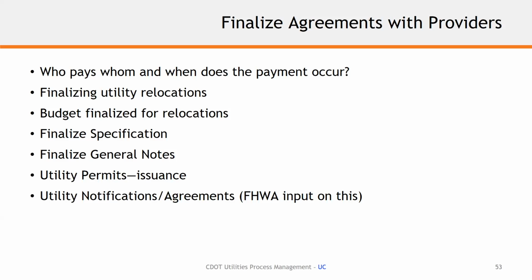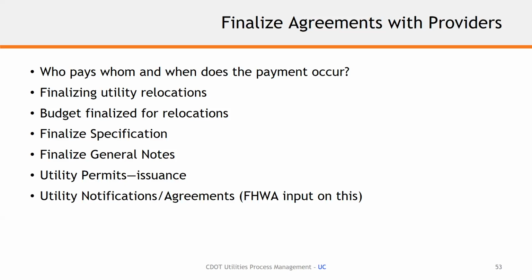So we need to make sure that we're conveying early enough to business managers and program engineers and resident engineers what those utility phase budgets are needing in order to execute these contracts, which helps finalizing those relocation plans, the budget, like I said, and finalizing that specification.